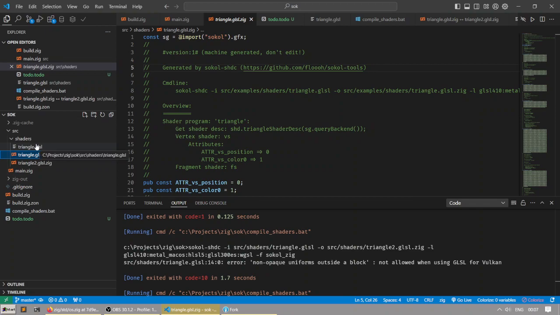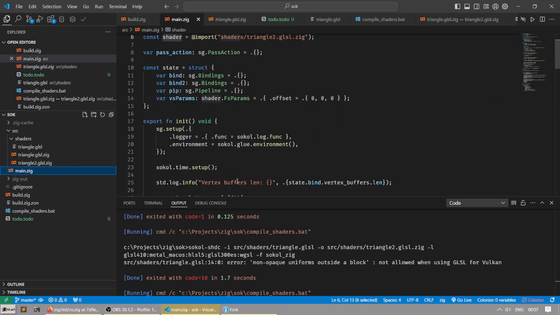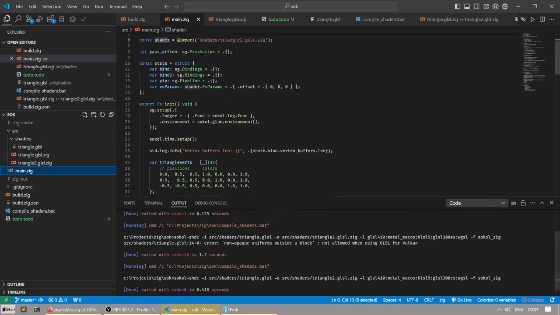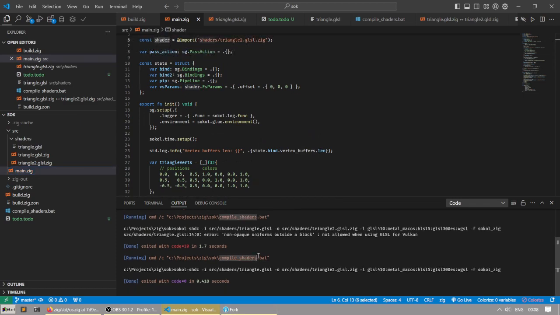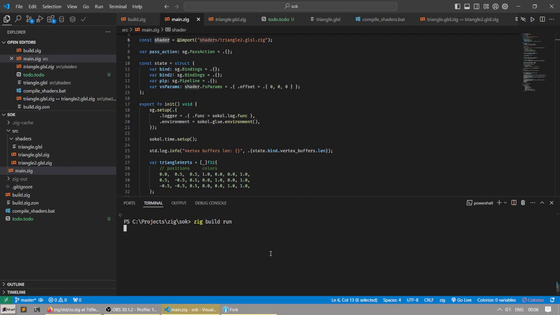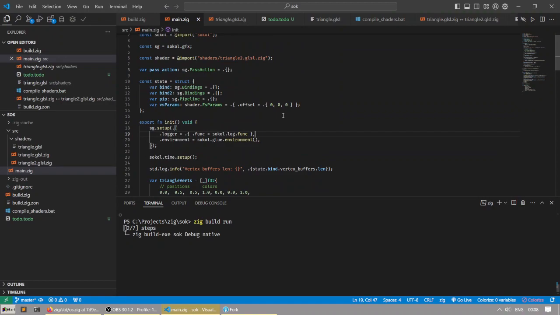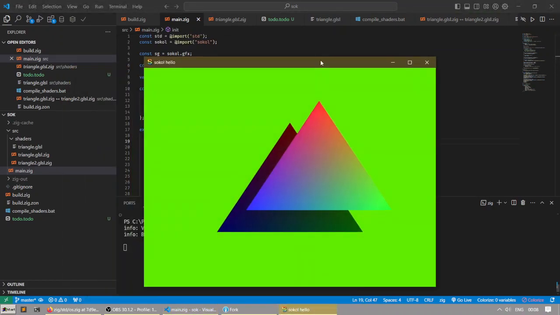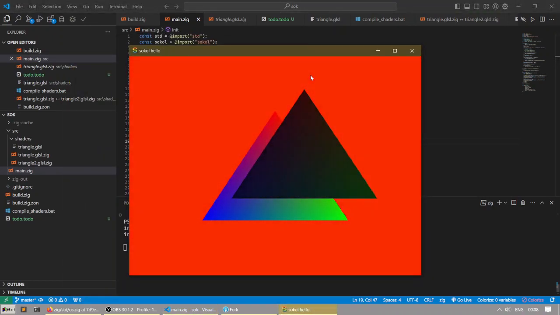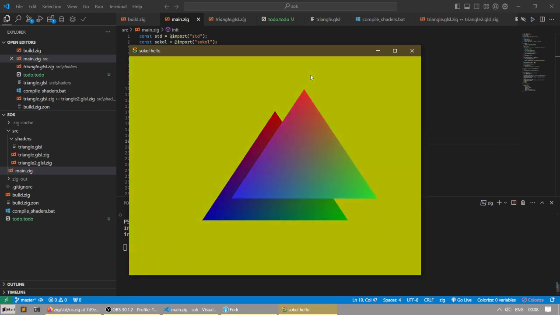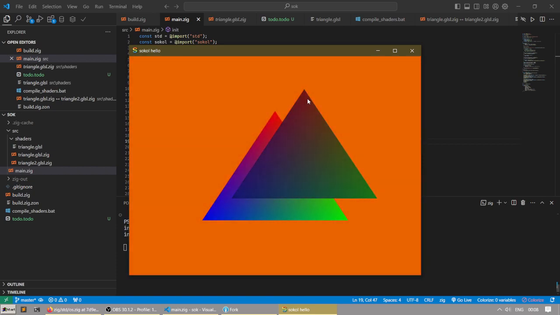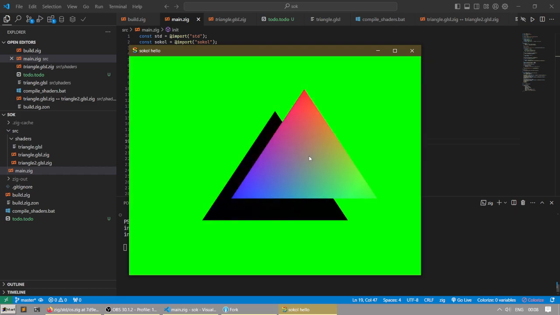Okay, so what am I doing here in this one? Well, I do actually want to run this. What I do here is I draw two triangles which are changing the colors. And you can see the triangle is becoming black after a while.